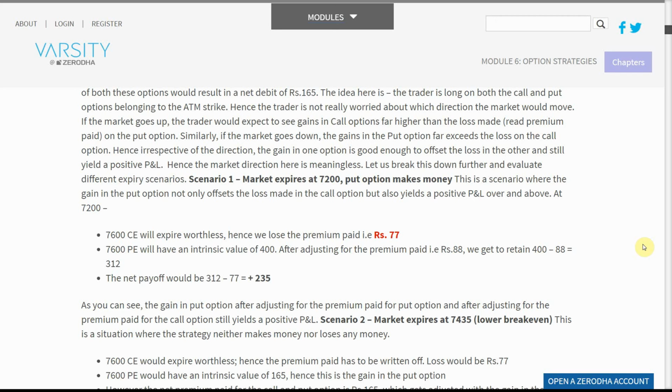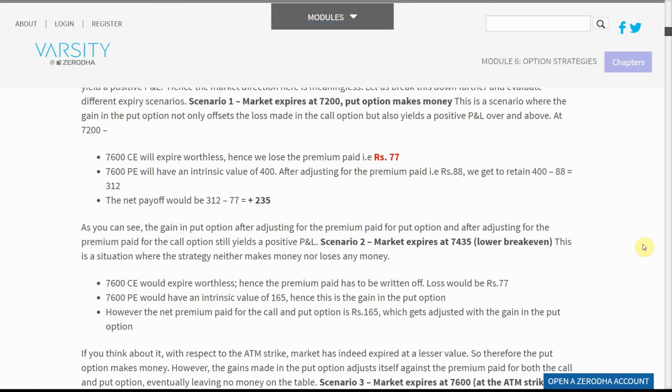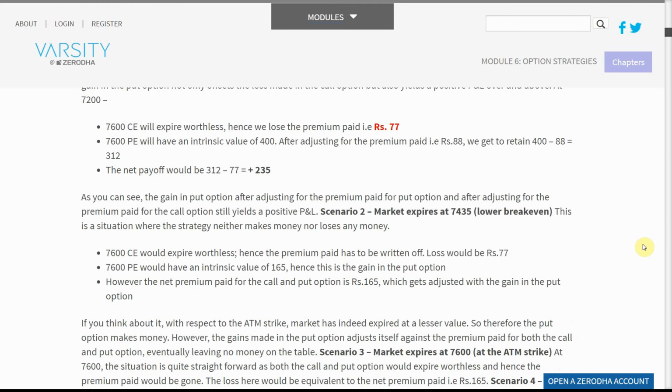The net payoff would be 312 minus 77 equals plus 235. As you can see, the gain in put option, after adjusting for the premium paid for the put option and for the call option, still yields a positive P&L.